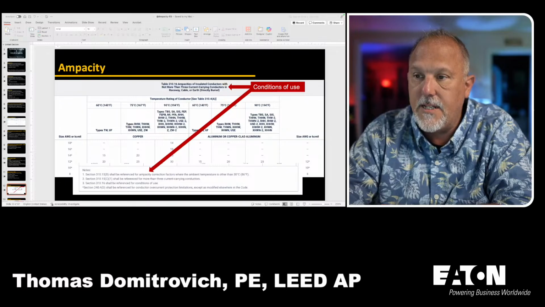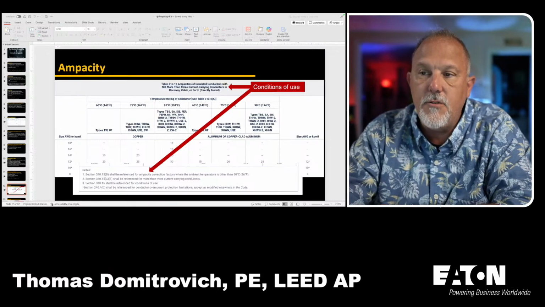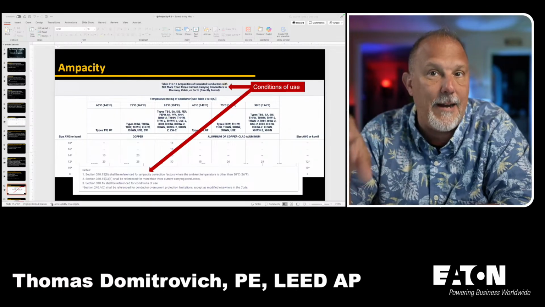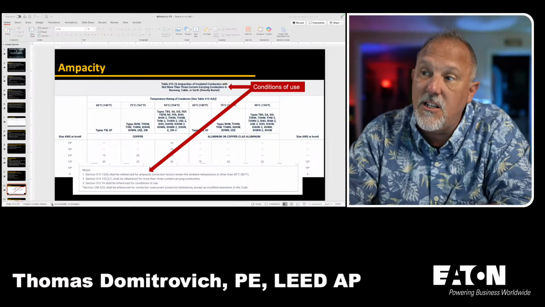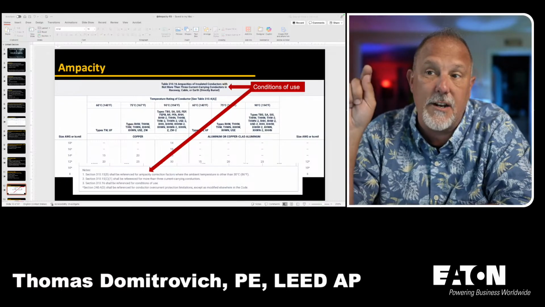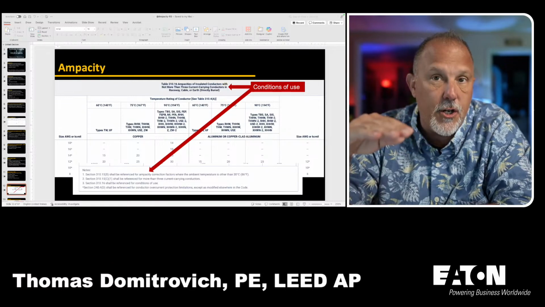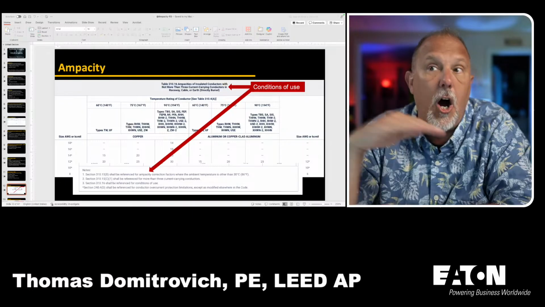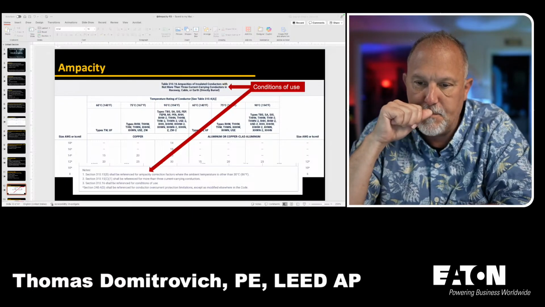And 310.16 has to be referenced for the conditions of use. So those notes are critical, and they help establish and support the fact that these current values are based upon conditions of use. And as long as I meet these conditions of use, the ampere values that are in this table, that conductor can handle that much current indefinitely, always passing through it. I won't damage the conductor.